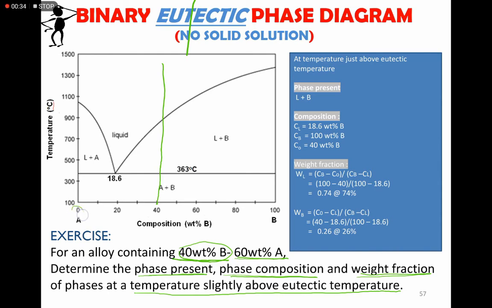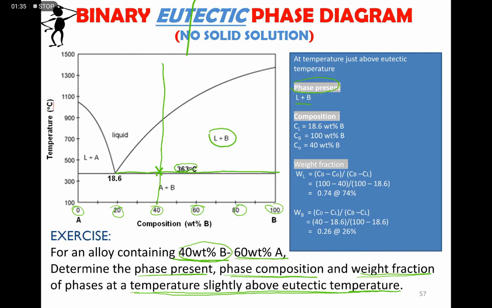Because all these values belong to B. Second, find the temperature. The question says slightly above the eutectic temperature. You know, 363 here is your eutectic temperature, so slightly above means here. The phases present are liquid plus B.